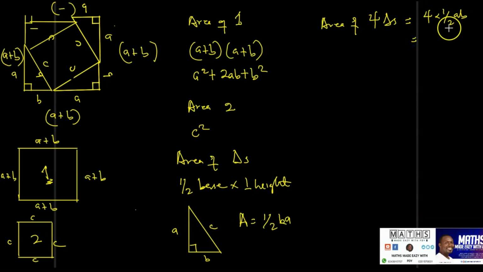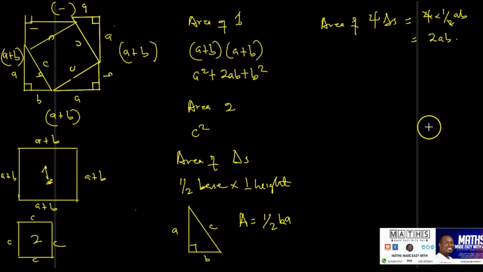And that is going to give us what expression? That's going to give us 2AB, right? Because 2 will cancel out that, and that will be left with 2AB. Are you with me? Yeah.